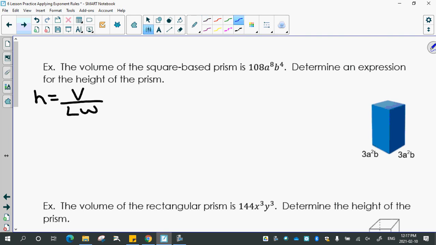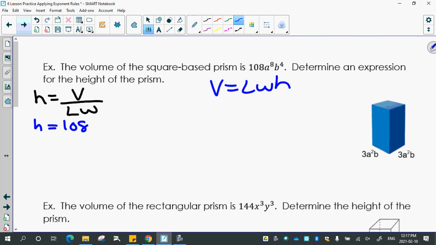Step by step. Height equals volume divided by length and width, right? Volume divided: 108 divided by 9 equals the height, which is 12.